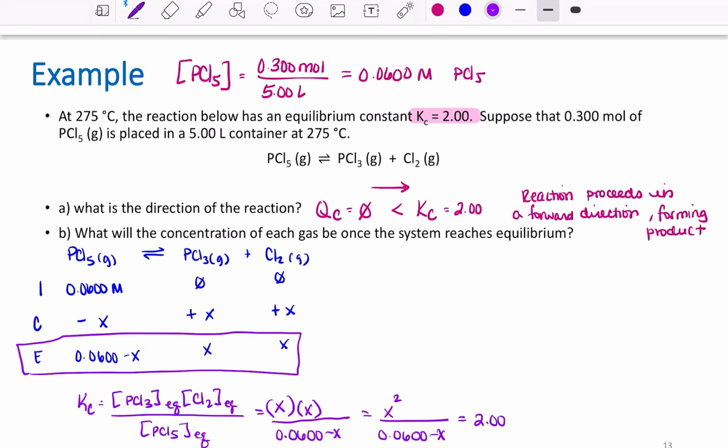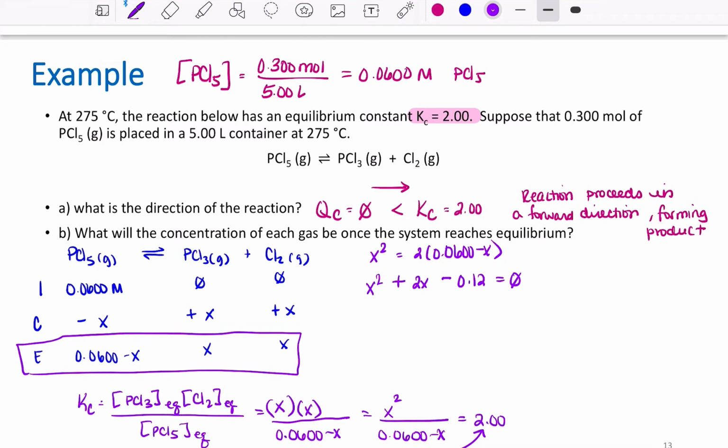So let's go ahead and simplify this. I'm going to multiply this to both sides. This gives me X squared equal to 2 times 0.0600 minus X. I'm going to distribute that through and get all the variables back on one side. And I have X squared plus 2X minus 0.12 equals 0.